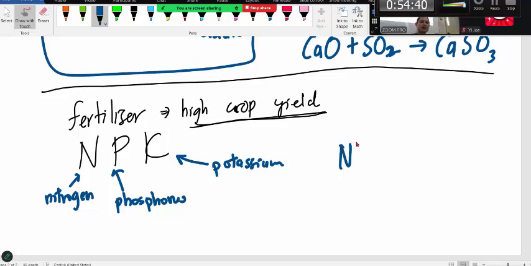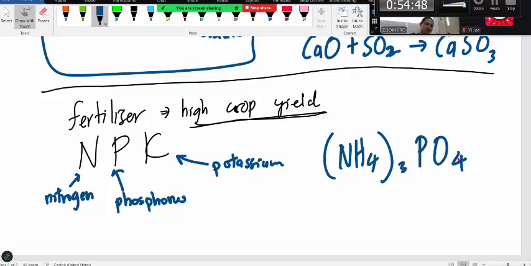So, for example, if I have ammonium phosphate, is this NPK? Look carefully. It has N and it has P, but no K. So they will ask you, if I have this, what else should I add in?